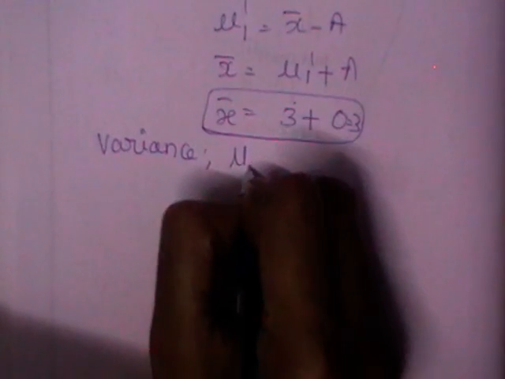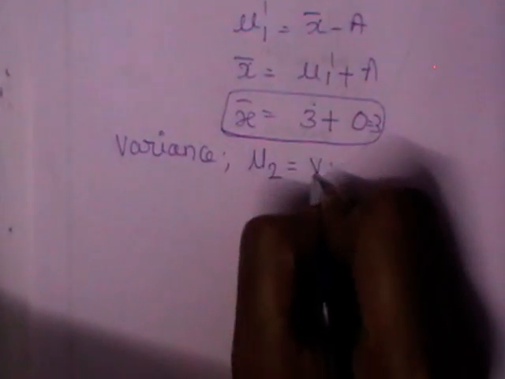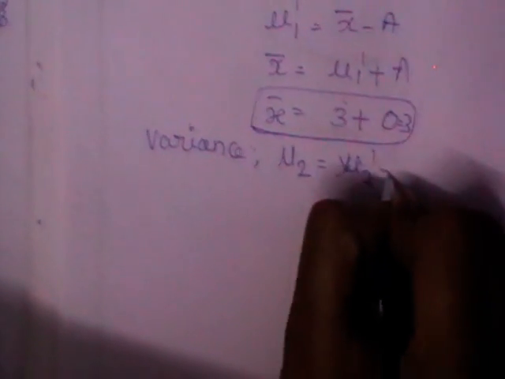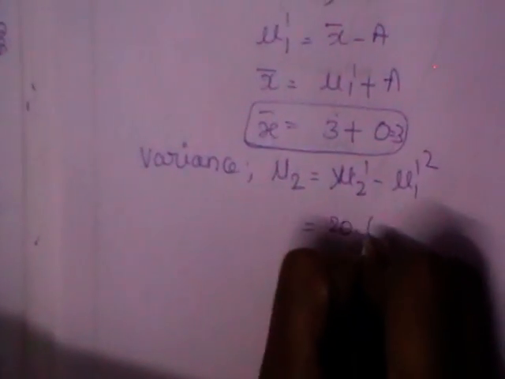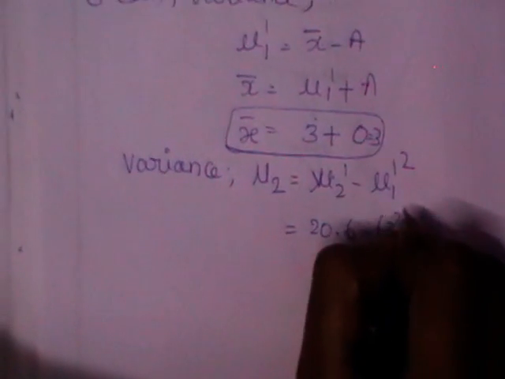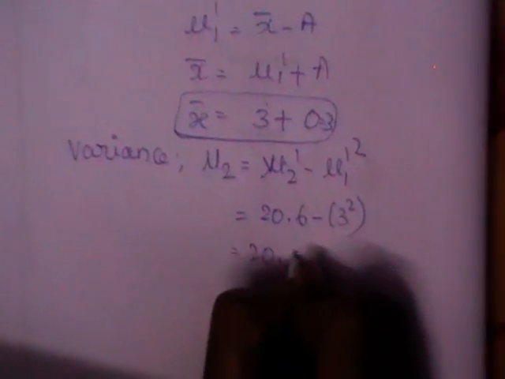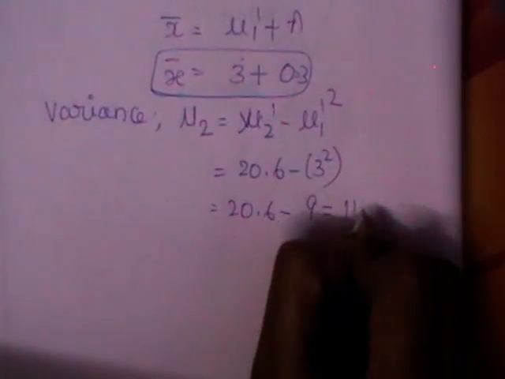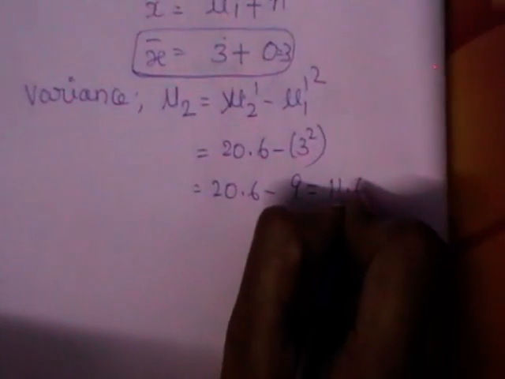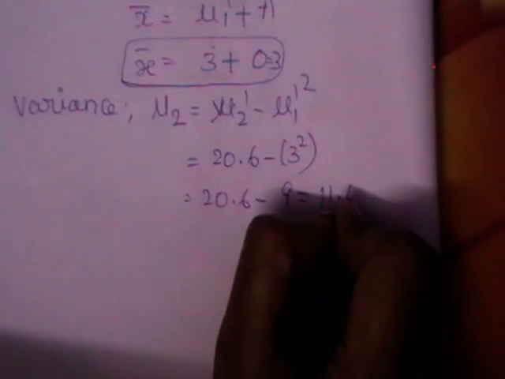Mu2 is called variance. Its formula is mu2 dash minus mu1 dash square, which is 20.6 minus 3 square, which is 20.6 minus 9, which is 11.6. So variance is 11.6.